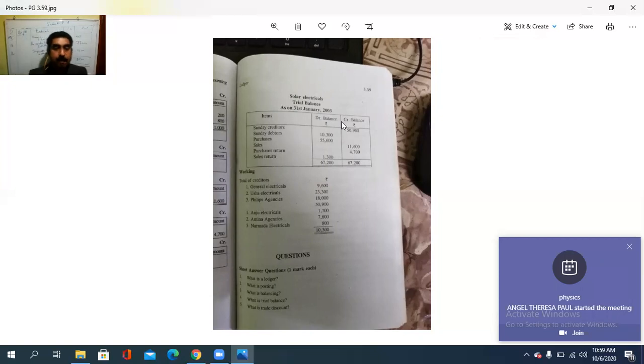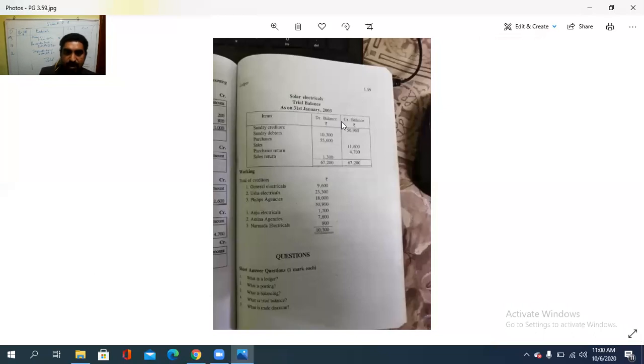Then we see the purchases day book. Whatever credit purchases are there, that is to be entered. Then we see the sales day book. Whatever credit sales are there, that is to be entered. Then we see the purchase returns day book, where if any item purchased is defective or not up to the quality, then we prepare the purchase returns day book.